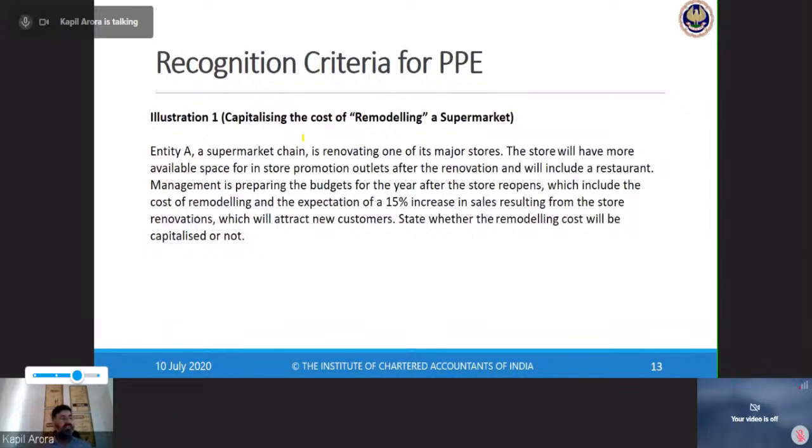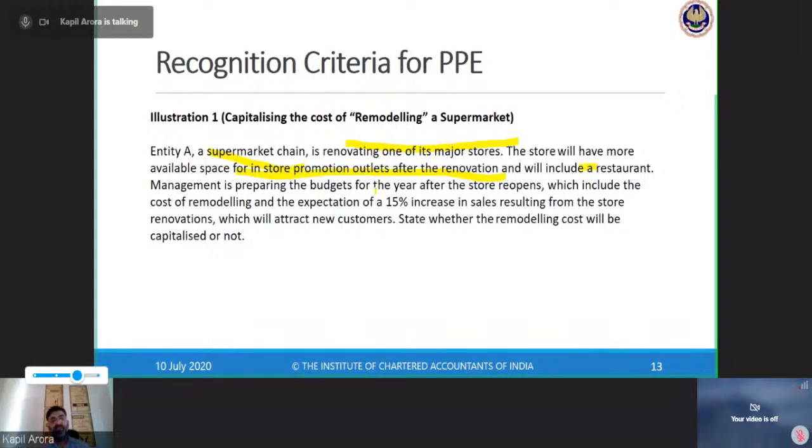Okay, so coming back to the question, Entity A is a supermarket chain, renovating one of its major stores. The store will have more space for its store promotion outlet after the renovation and will include a restaurant also.